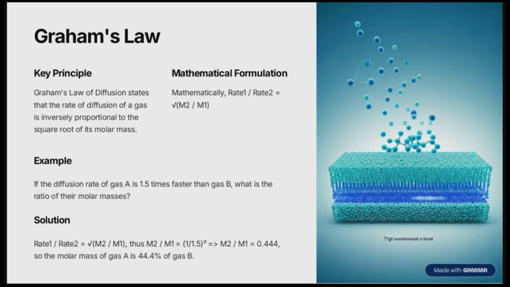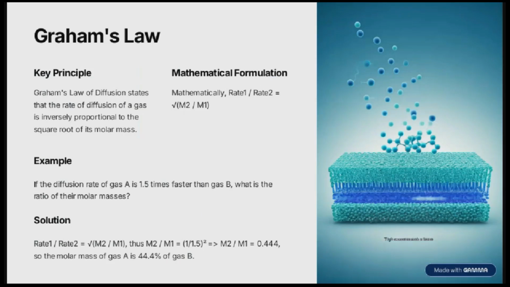Another law we are treating that governs the behavior of gas is Graham's law. Graham's law states that the rate of diffusion of gases is inversely proportional to the square root of the molar mass. When you hear inverse proportionality, your mind should go straight to the idea that as one parameter is increasing, the other one will be decreasing, and as one is decreasing, the other will be increasing.